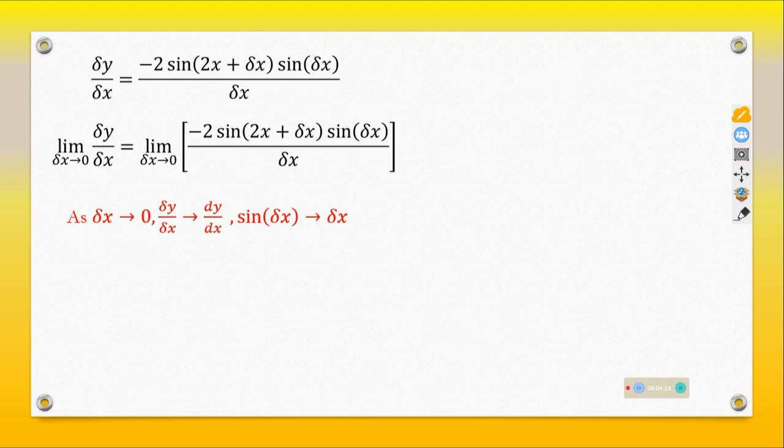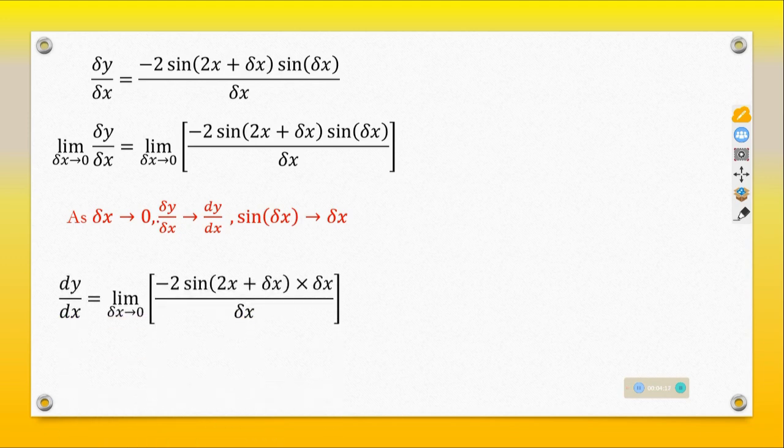So for that case, we have dy dx, which is equal to the limit delta x tending to 0 of minus 2 sine of 2x plus delta x, then sine of delta x becoming delta x, and we are dividing the whole of this by delta x. Clearly we can see that delta x will cancel out, and we remain with dy dx, which is equal to the limit delta x tending to 0 of minus 2 sine of 2x plus delta x. The delta x in the denominator has gone, because this divided by that will give us 1. So we remain with this expression.